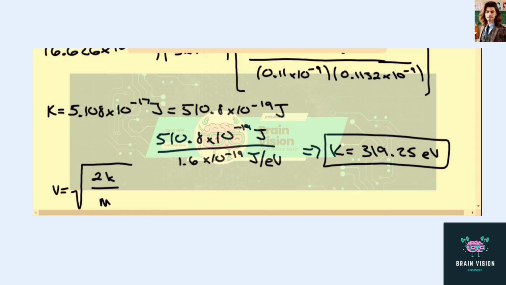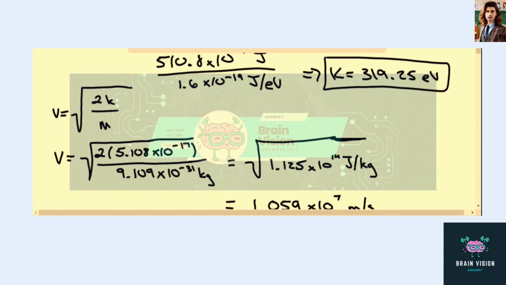So we take our kinetic energy divided by 1.6 times 10 to the negative 19, and we get a kinetic energy of 319.25 electron volts.